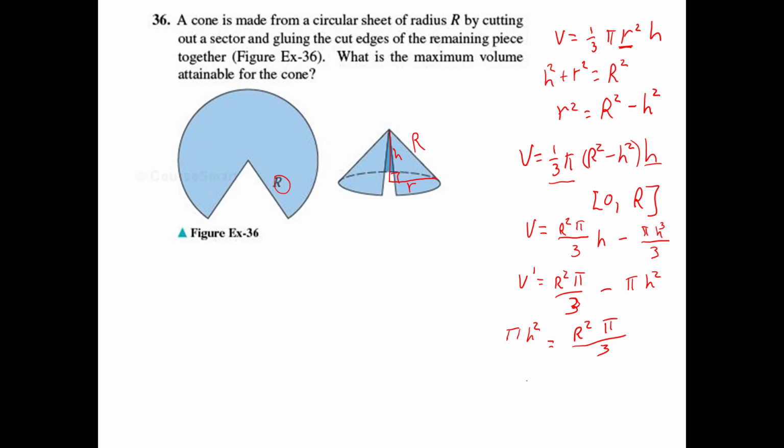So we have r squared pi over 3 divided by pi, and so then h squared is equal to r squared over 3, and then when we square root, h will equal r over the square root of 3.